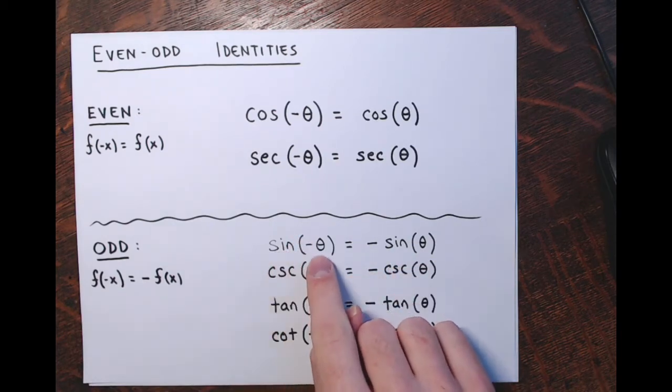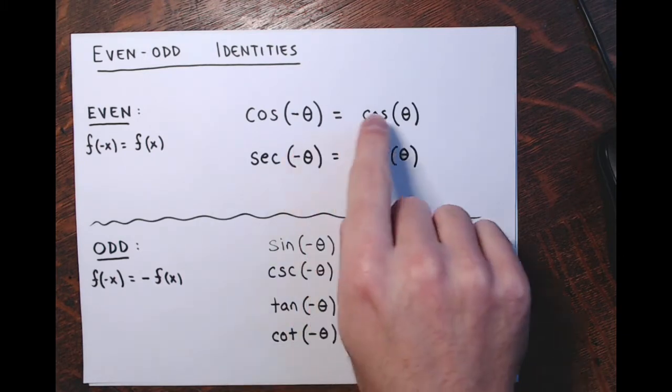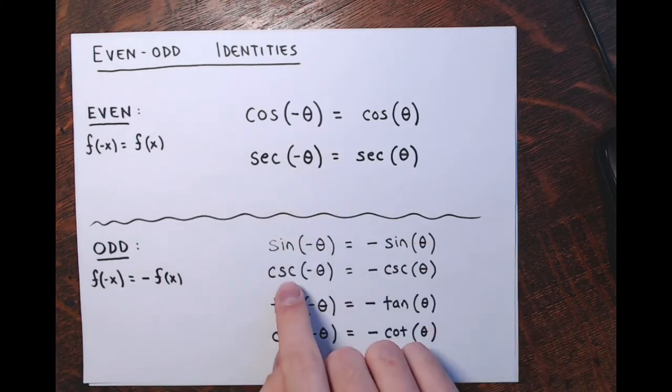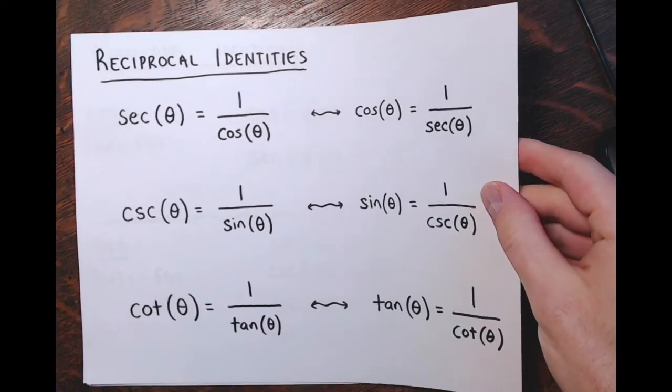The sine of a negative angle, the sine of negative theta, is the opposite of the sine of theta. Not equal like with cosine. Same thing for cosecant, same thing for tangent, same thing for cotangent. All the other four trig functions are odd. And you had these reciprocal identities as well.